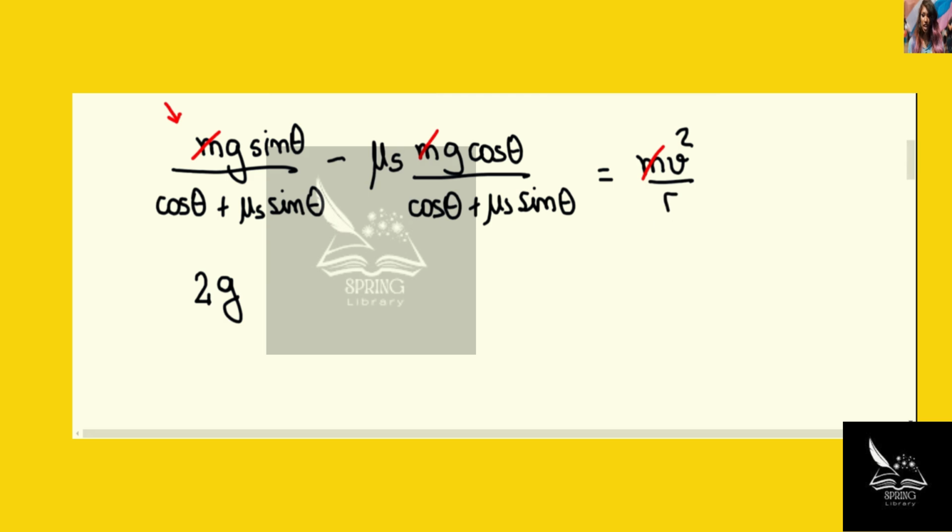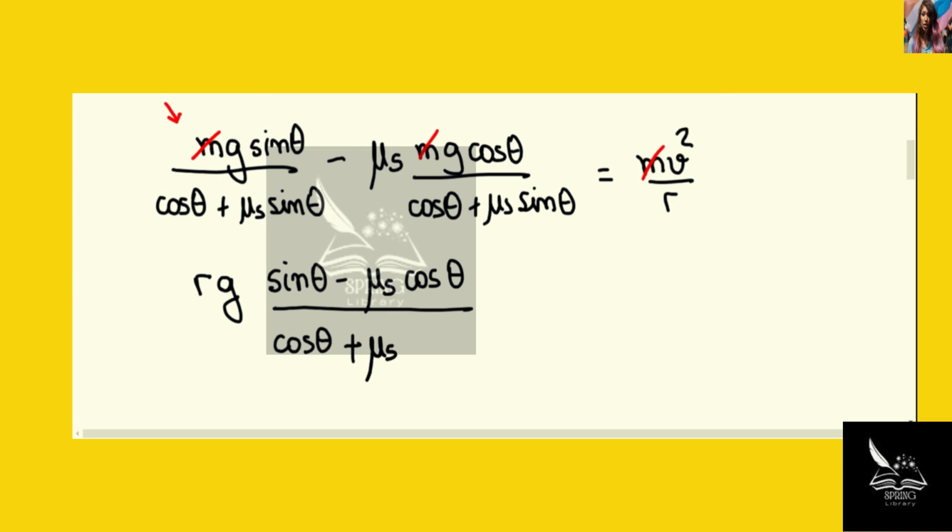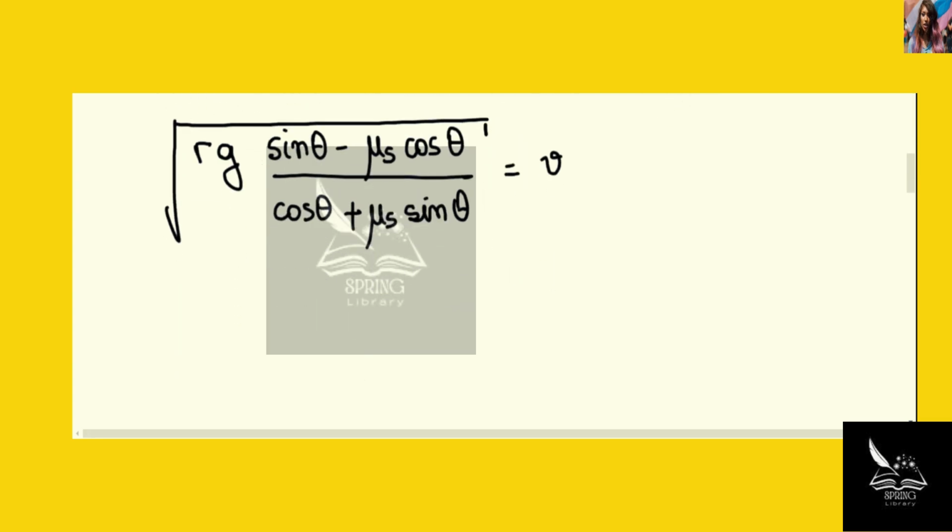So we have r times g times sine of theta minus mu s cosine of theta, divided by cosine of theta plus mu s sine of theta, and this is equal to v squared. So I'm going to just take the square root on the left-hand side, and now we can substitute the numbers.